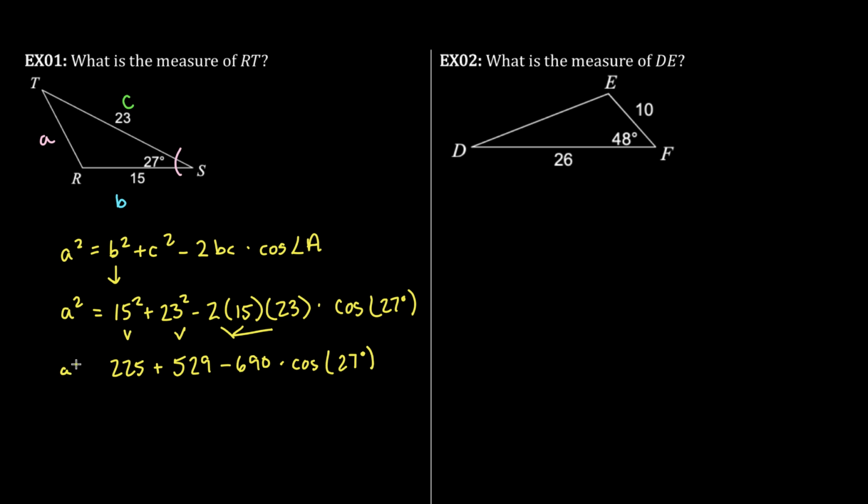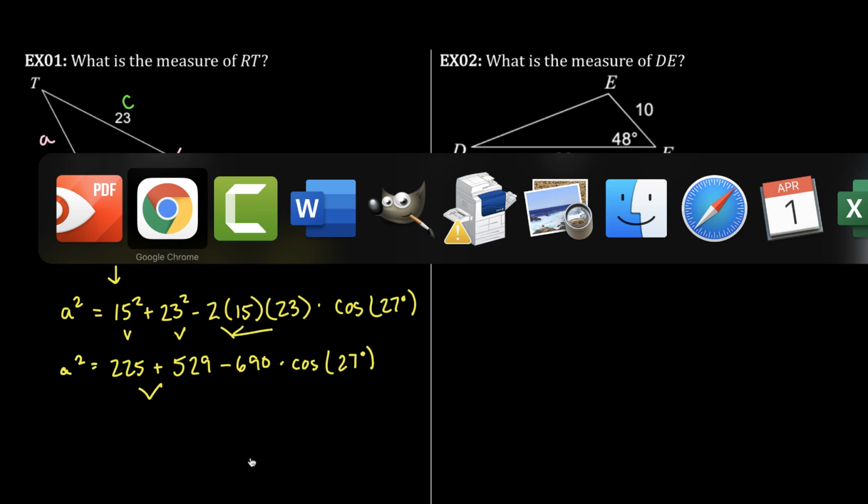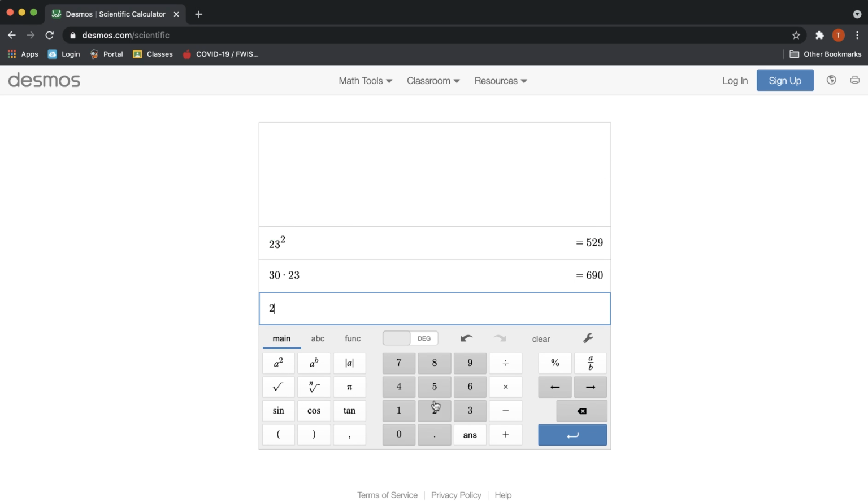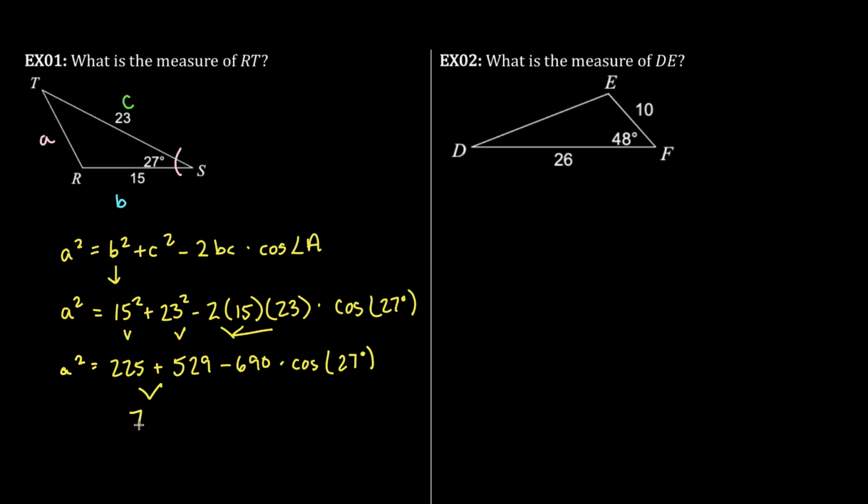And let's add these two. 225 plus 529 is 754, minus 690 times cosine of 27 degrees.